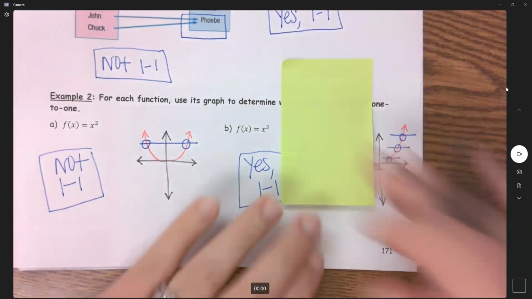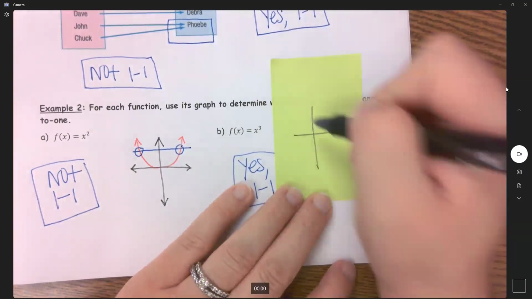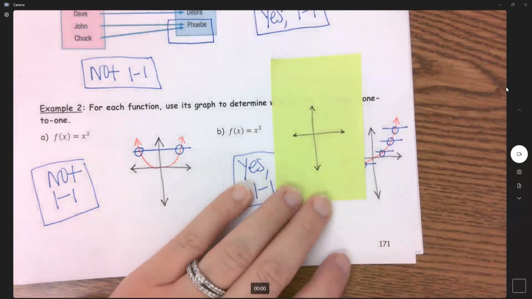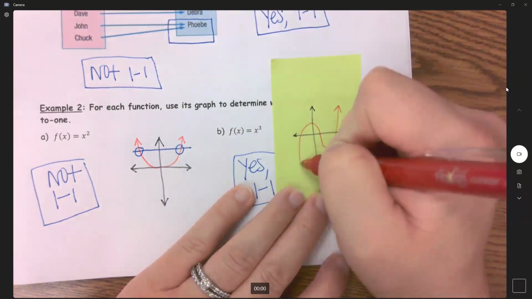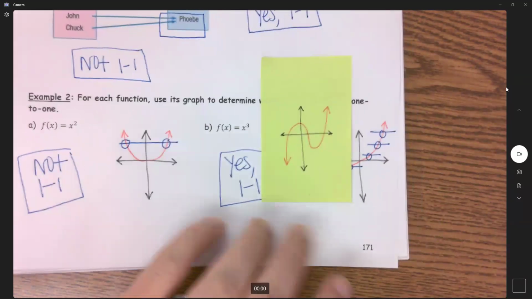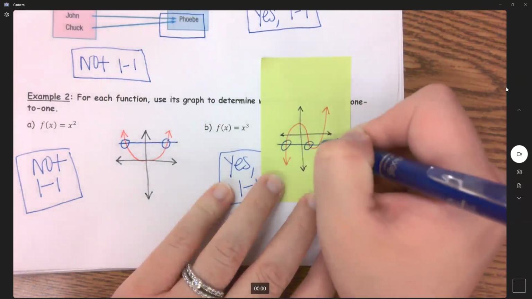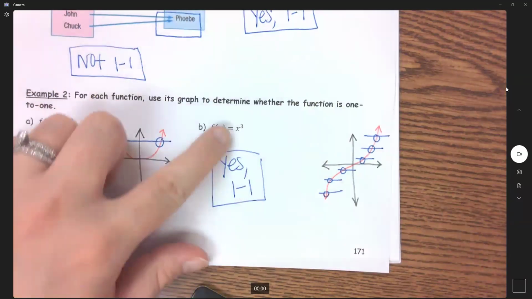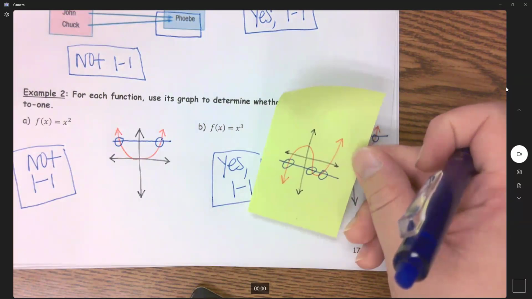It's not uncommon for our cubic to look something like this right here. And so now when I put in a horizontal line, it intersects more than one. So not every cubic is one-to-one. So if it's not the most basic shape, you really need to put it into your graphing calculator and see what that shape looks like.